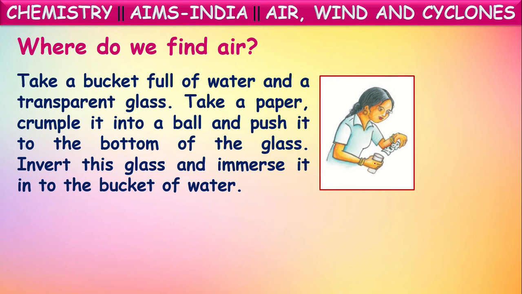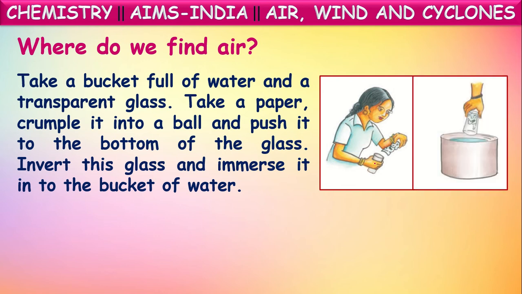Now, we have to invert this glass and immerse it into the bucket of water. So we have taken a bucket full of water, and the glass containing the crumpled paper inside is immersed into the bucket of water by inverting it.